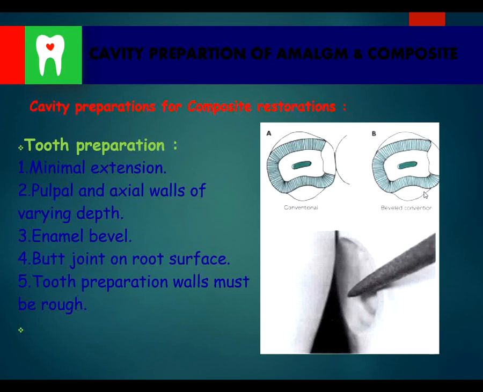In case of composite restoration, the features of tooth preparation will be minimum extension, pulpal and axial wall of varying depth. Enamel should be beveled, butt joint on root surface. Tooth preparation walls must be rough.